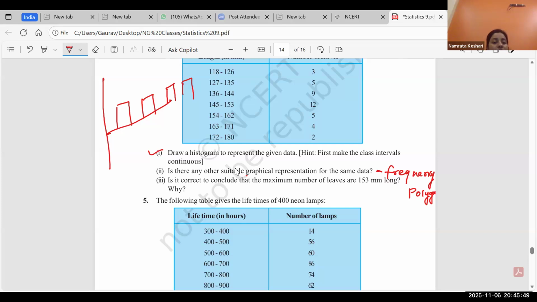Number 3. Is it correct to conclude that the maximum number of leaves are 153 millimeter long?